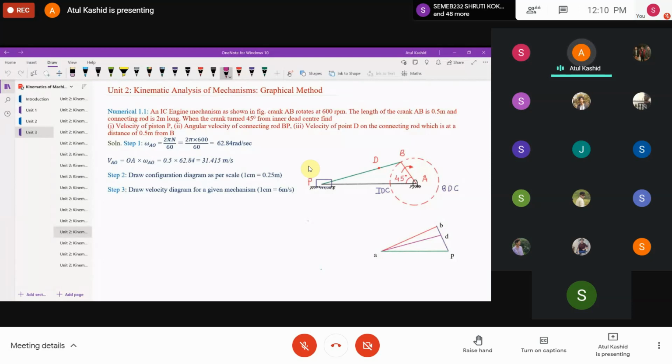Okay, so in the previous numerical, we went through the 4-bar mechanism, and we drew the velocity diagram for the 4-bar mechanism, and we identified the unknown velocities, the linear and the angular velocities for the links.